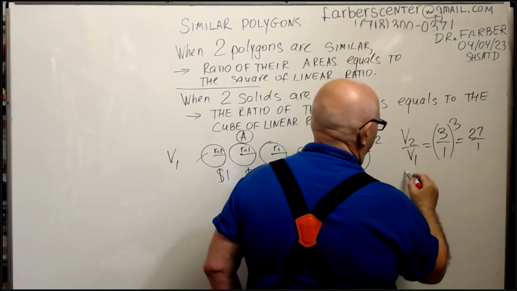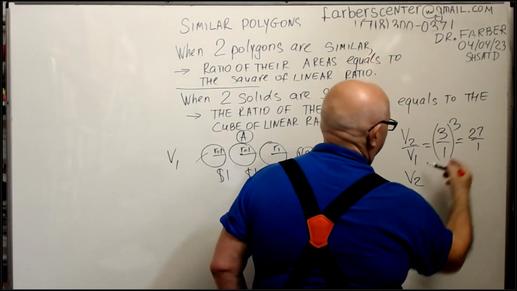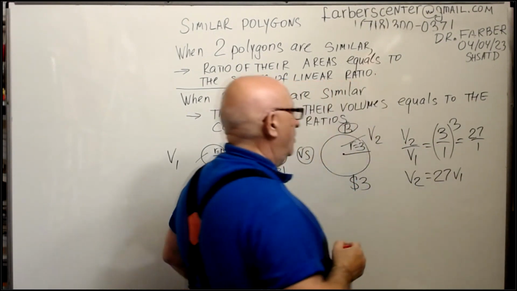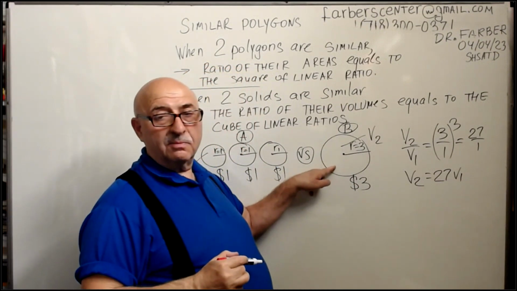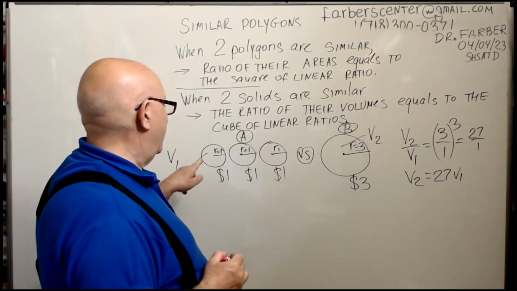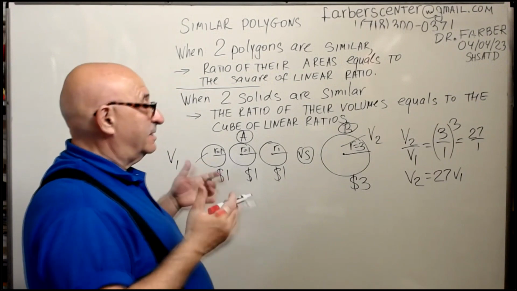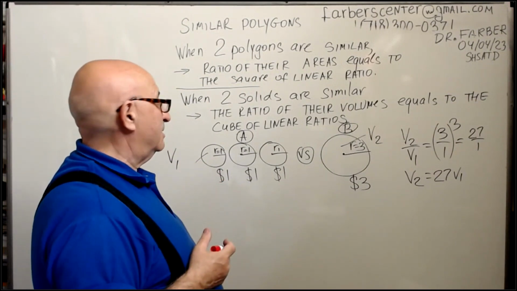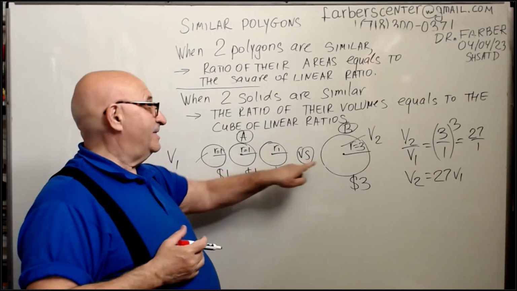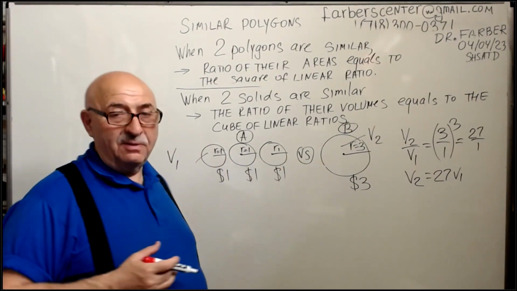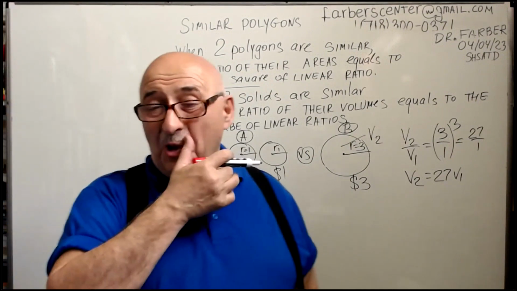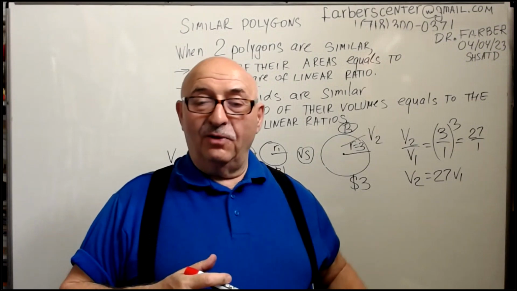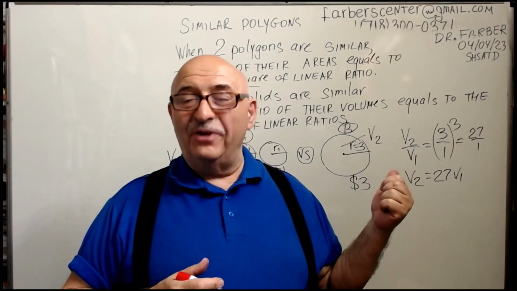And V2 equals 27 V1. If you buy this fruit, it's the same as buying 27 of the small amount of matter. If you buy 3, you have to subtract 3, and it's like 24 fruits for free.